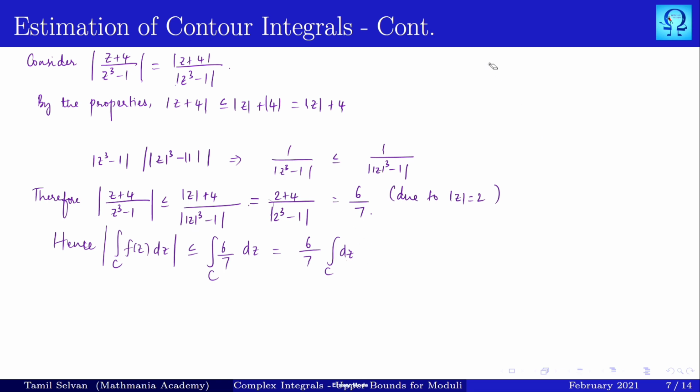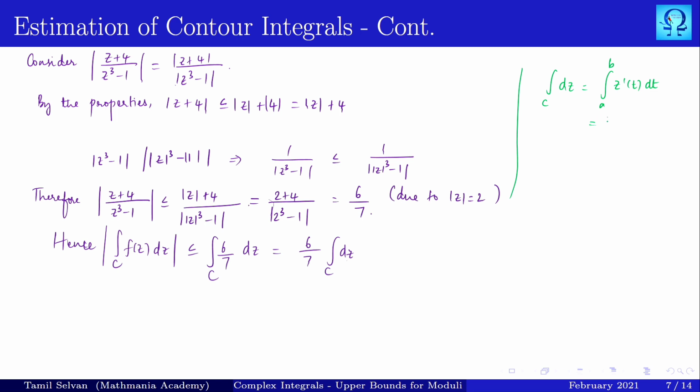Here I am going to give you an idea: the integral of |dz| may be written, in the general setup, as the integral of |z'(t)| dt over the given limits a to b, if t is defined in this limit, and that is what the contour represents.